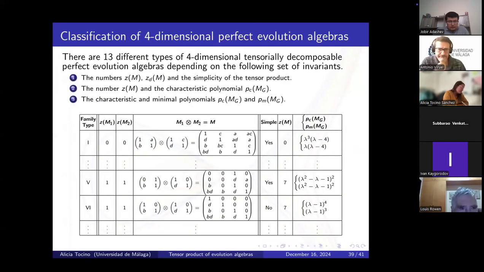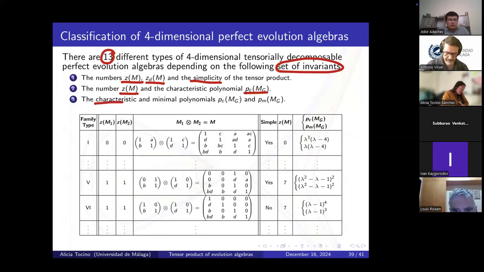It turns out that we obtain 13 different types of four-dimensional tensorially decomposable perfect evolution algebras, and we can classify them by some sets of invariants: the number of zeros in the matrix, the number of zeros in the diagonal, and the simplicity, whether it is simple or not. The other one is the number of zeros in the matrix and the characteristic polynomial of the structure matrix.